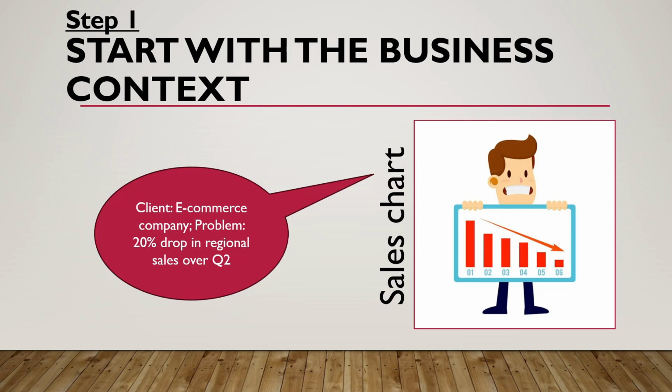Now here you see our step number one is start with your business context. Initially you have to start with the problem. What was the business trying to fix? For example, an e-commerce company saw a 20% drop in sales in one region, and that's the challenge.